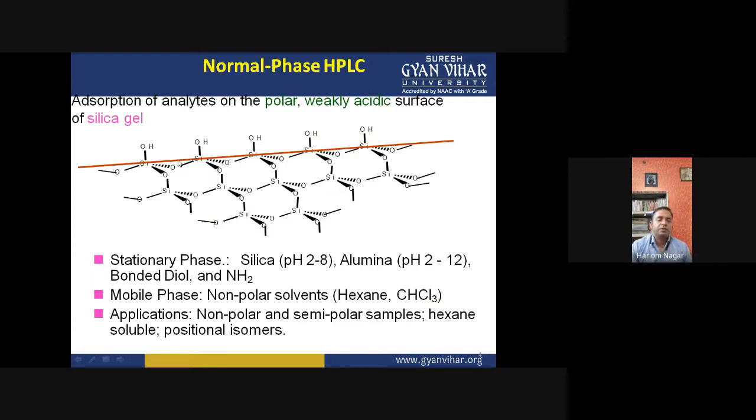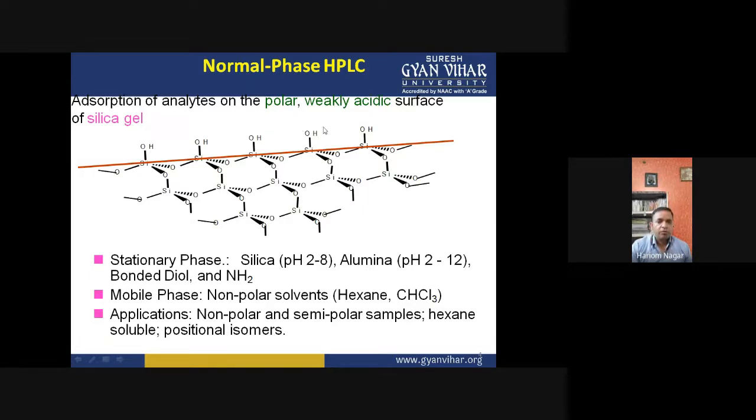Sometimes the analyte compound remains with the stationary phase, and for some time it remains with the mobile phase. When it remains with the stationary phase, the analyte molecule is stabilized, meaning it will not move ahead; it is retained at a fixed position. But when it moves to the mobile phase, since the mobile phase is moving, it will move forward.